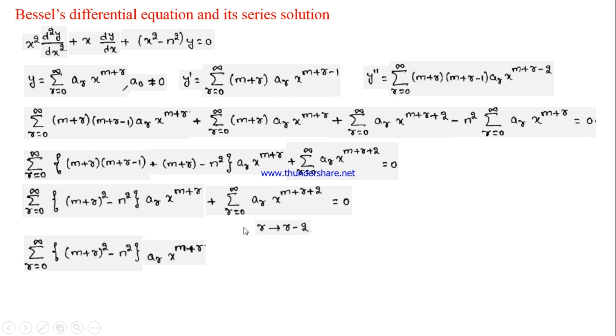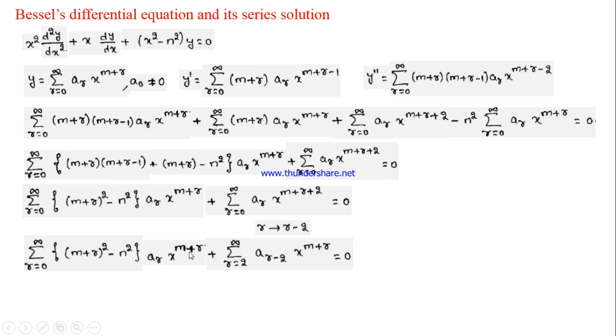Now the lower limit r minus 2 equal to 0 becomes r equal to 2, and r minus 2 equal to infinity is nothing but r equal to infinity, that is our upper limit. Just come inside: ar becomes ar minus 2, and this is x power m plus r minus 2 plus 2, which cancels to give just x power m plus r.